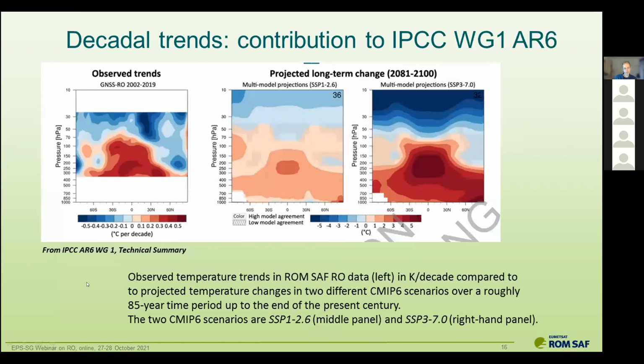And this is also another plot that was shown in the IPCC report, showing the observed decadal trends to the left here, in degrees per decade, latitude versus height, and here we have two projected long-term trends under two different scenarios.